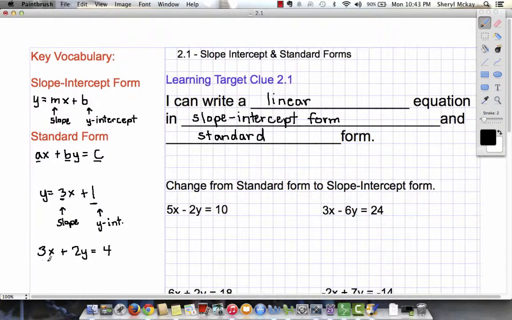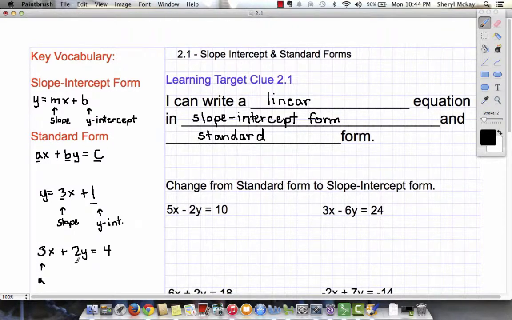What you'll see is that there's a 3x, there's a 2y, and there's a 4. And notice that in our standard form, it's ax plus by equals c. So this is in standard form. And our a is the 3.